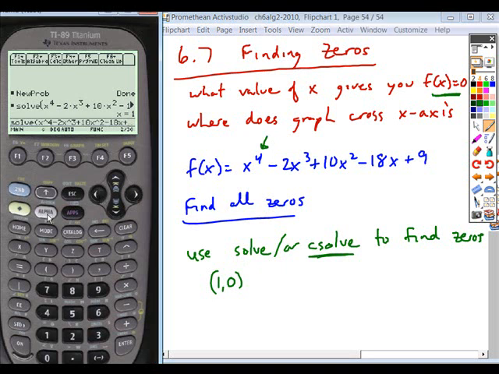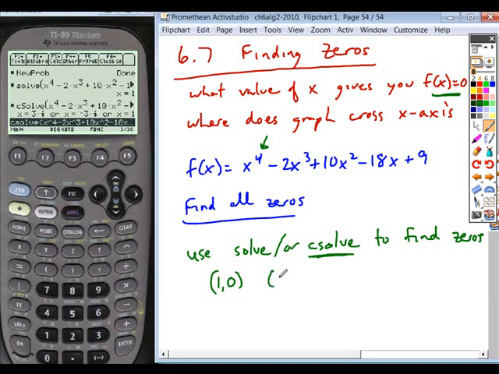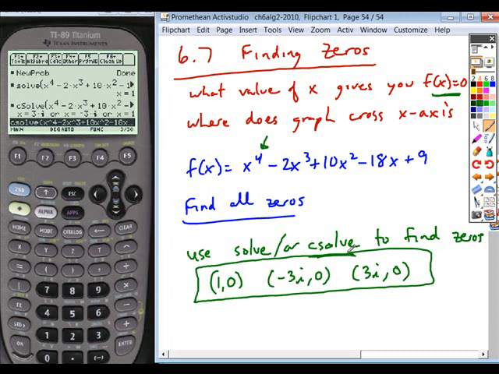So if we just put the letter C in front and hit enter, we can now see the other zeros are negative 3i and 3i. What this means is the zero 1, or the factor x minus 1, which again, remember how factors correspond to the zeros, means that this factor is repeated.